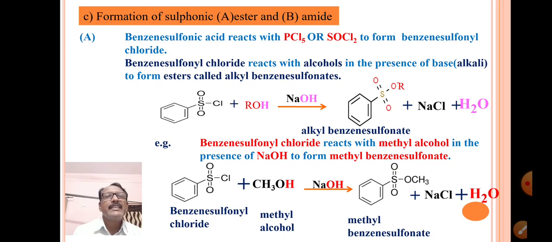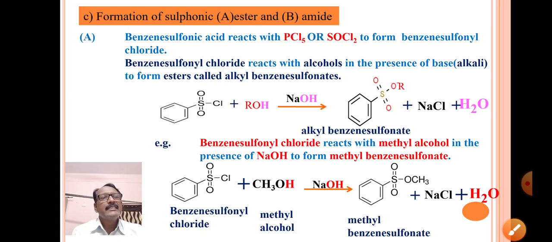First of all, we will see ester formation. Benzene sulfonic acid reacts with PCl5 or SOCl2 to form benzene sulfonyl chloride, and that benzene sulfonyl chloride reacts with alcohol in the presence of base, alkali, to form esters called alkyl benzene sulfonates.